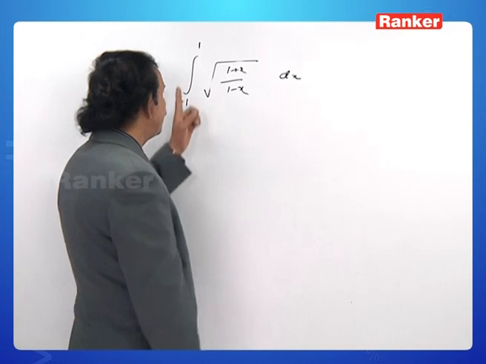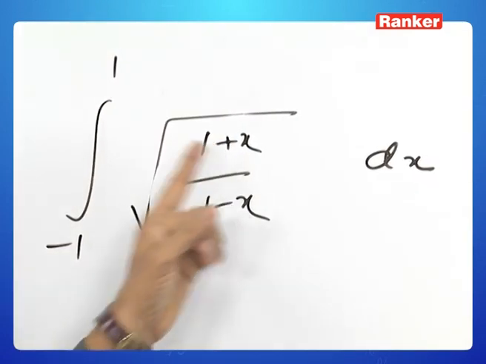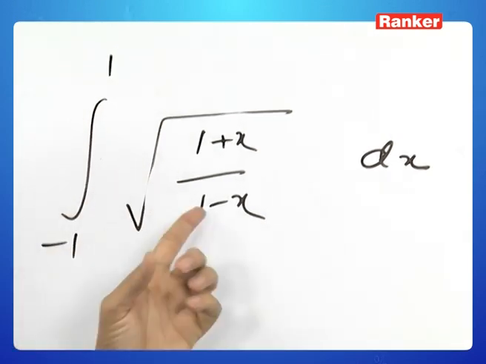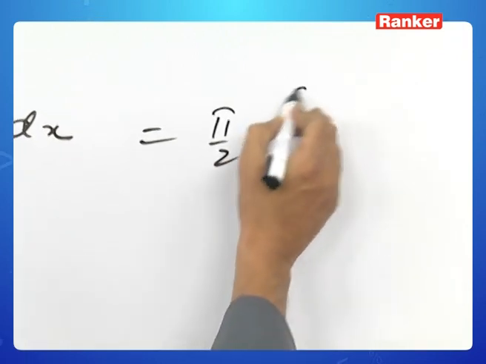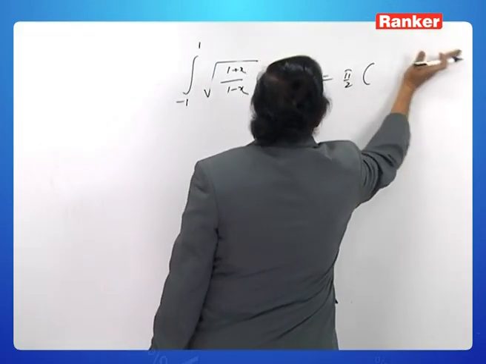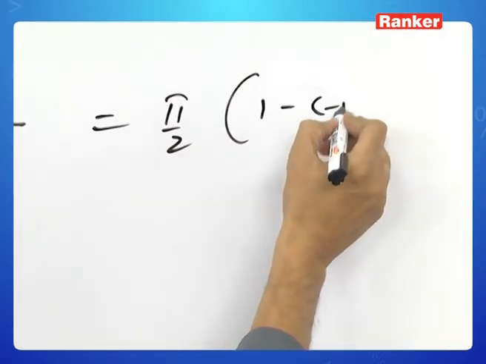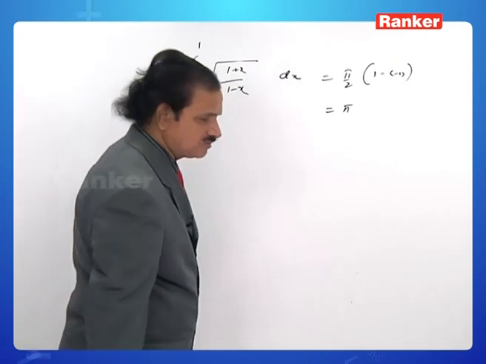Well, a to b, x minus a, x minus of -1, x plus 1, 1 minus x. So the answer is pi by 2 into b minus a, that is 1 minus of -1, hence the answer is pi. You can verify this also.